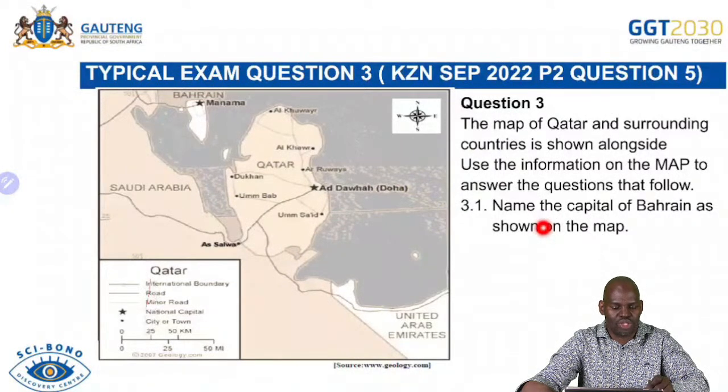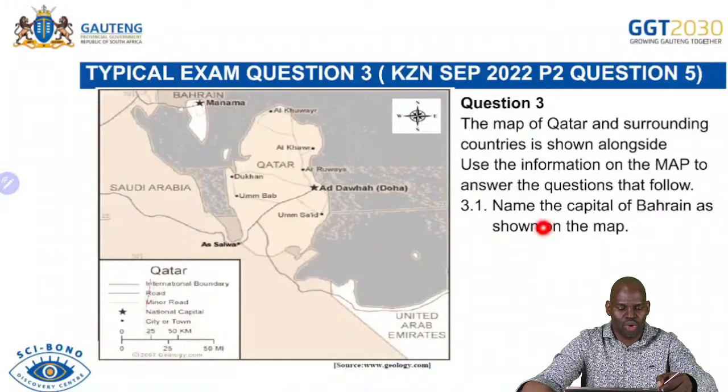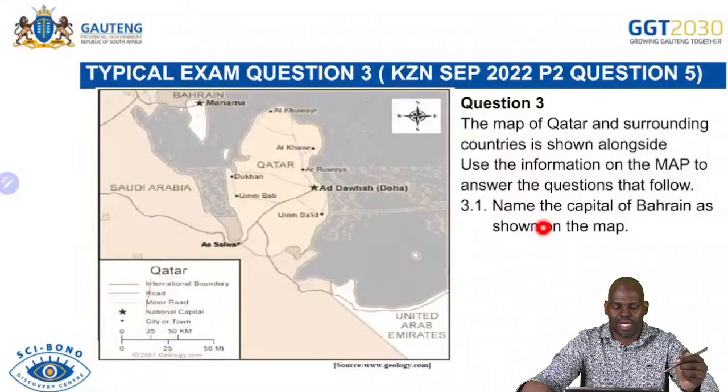If you see this line on the map, you must know that it shows an international boundary. In other words, it's a border of the two countries. And then we've got a symbol for road, a symbol for minor road, a star for national capital, a dot for city or town, and of course a bar scale.